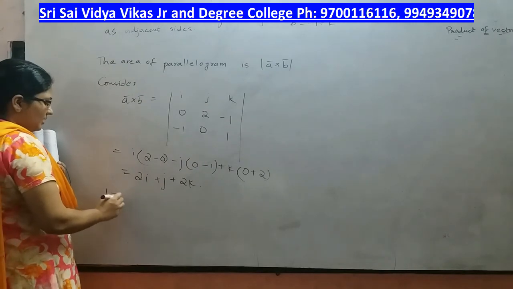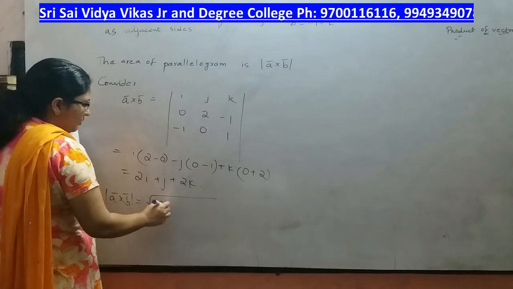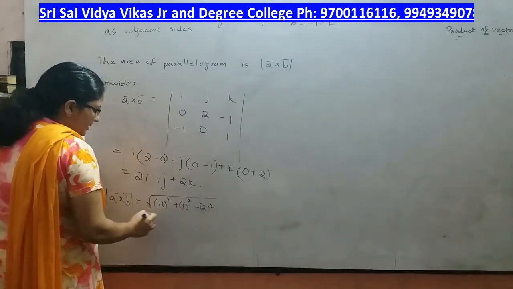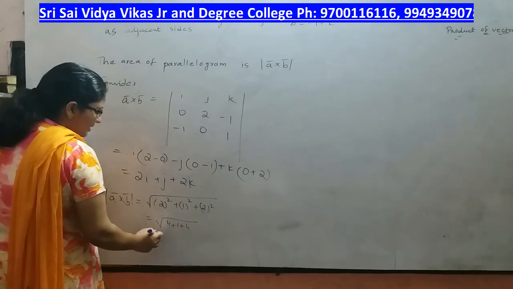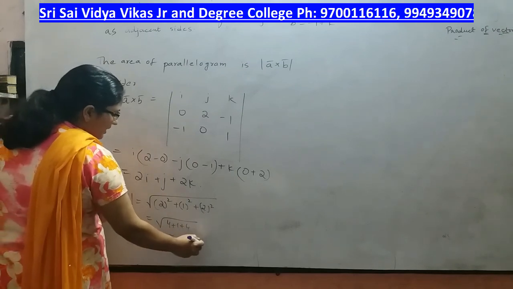Modulus of a bar cross b bar is equal to under root of 2 square plus 1 square plus 2 square, which is 4 plus 1 plus 4, which is root 9, which is equal to 3 square units.